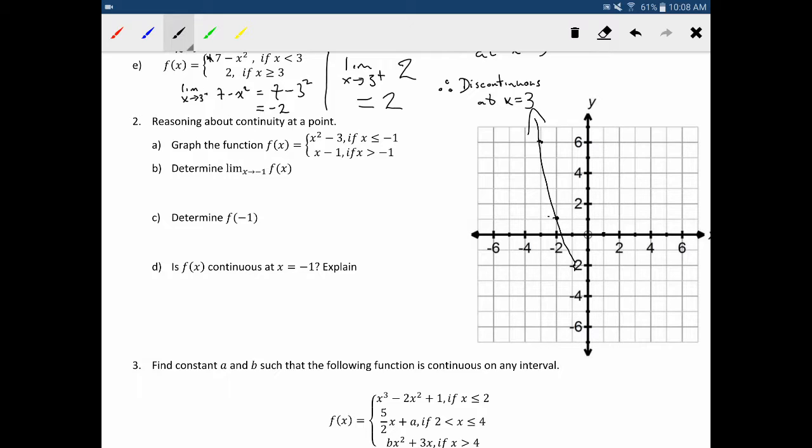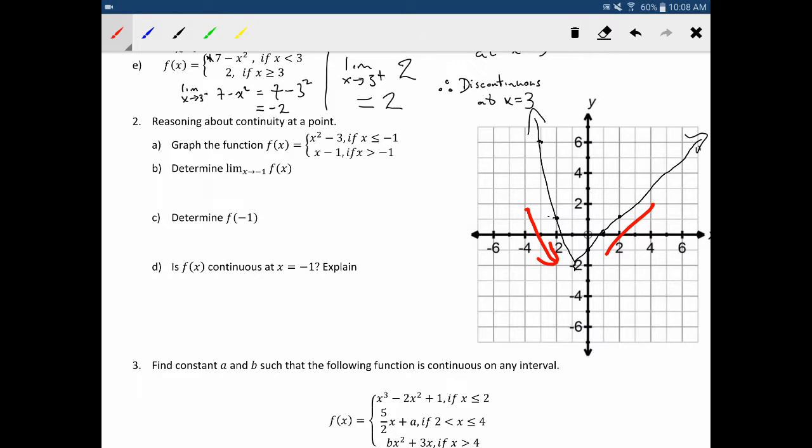That will give us a point there, point there, point there. It's very difficult to draw straight on this thing, but there it is. If we look at this, you can see the left-sided limit as we come down this way is approaching negative 2.